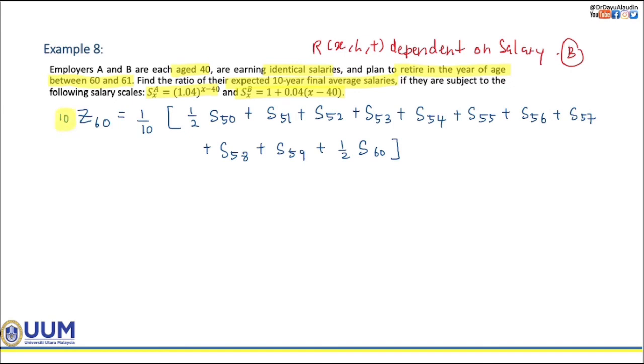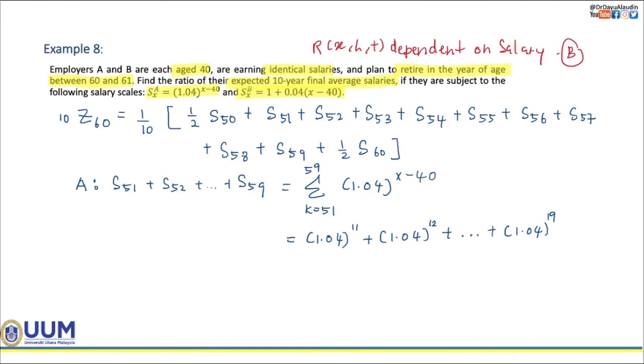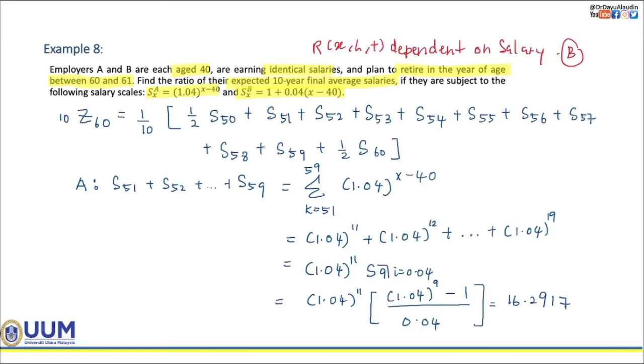So we have to use this formula starting from S50 to S60. And then how to find the total amount from S51 to S59. So this is the scale function given for A. So we can use the accumulated values, which is (1 plus i) to the power of n minus 1 over i.